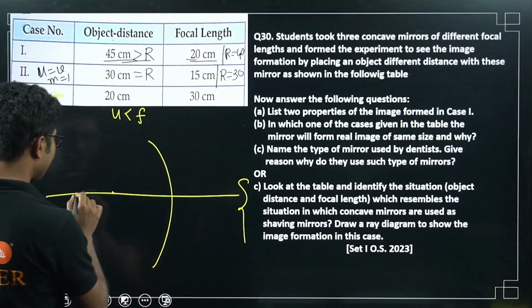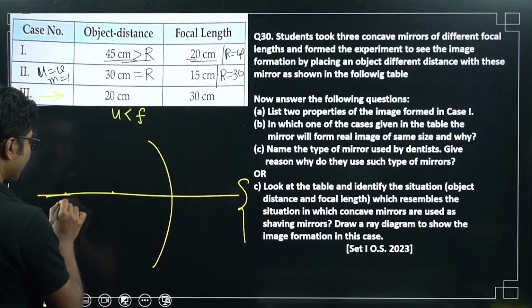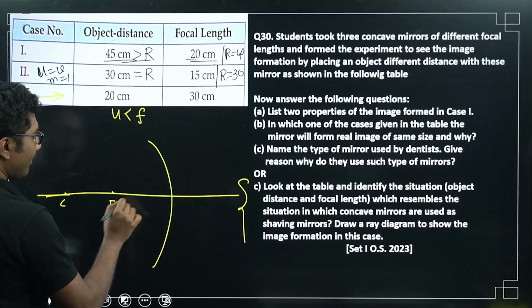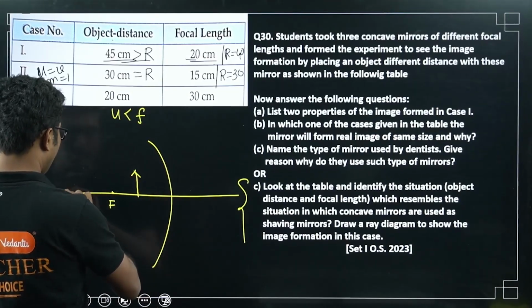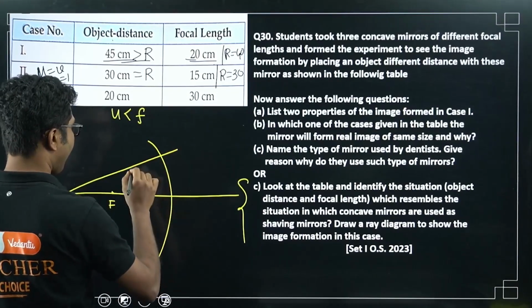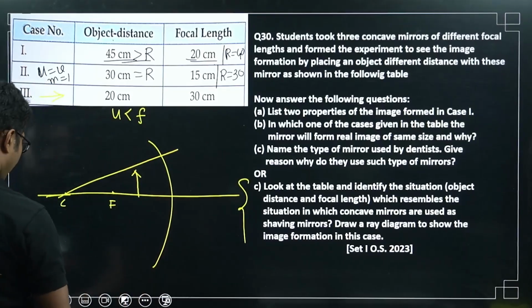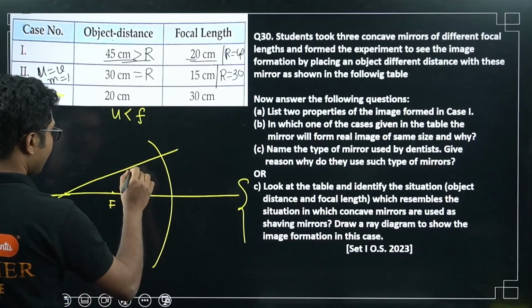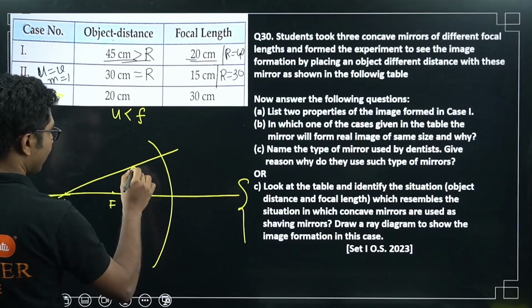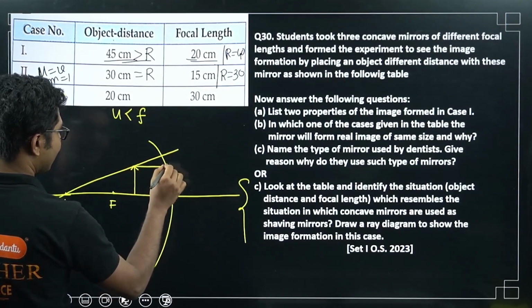I think I have drawn this once. Let me draw once more. This is C, this is F. So this is the object. I will do it like this. Next, one ray is here.